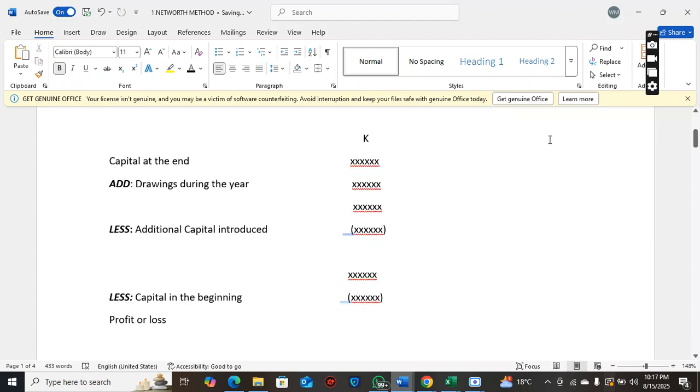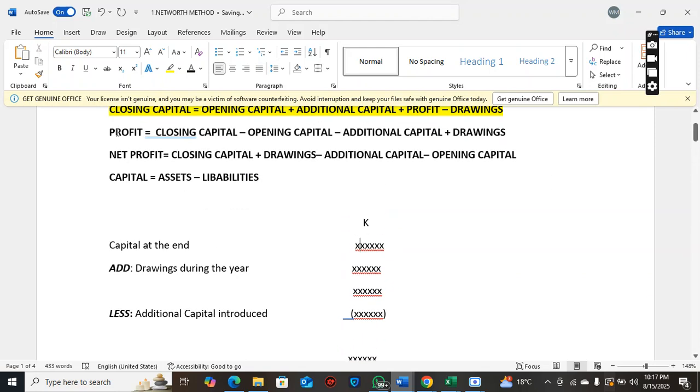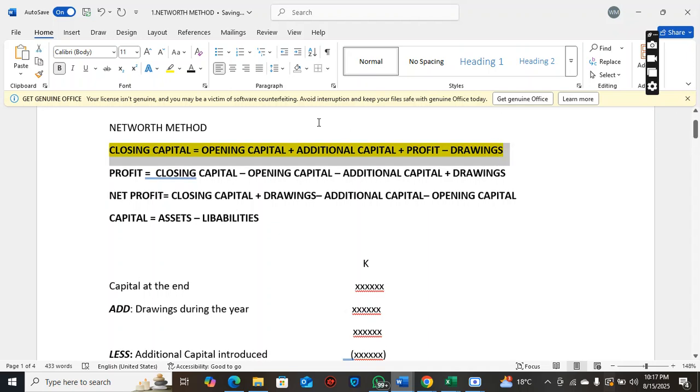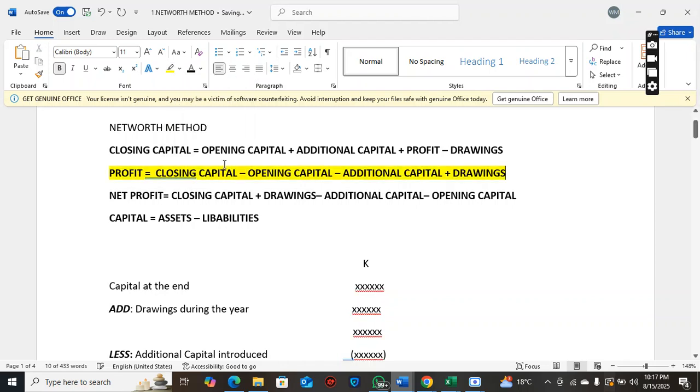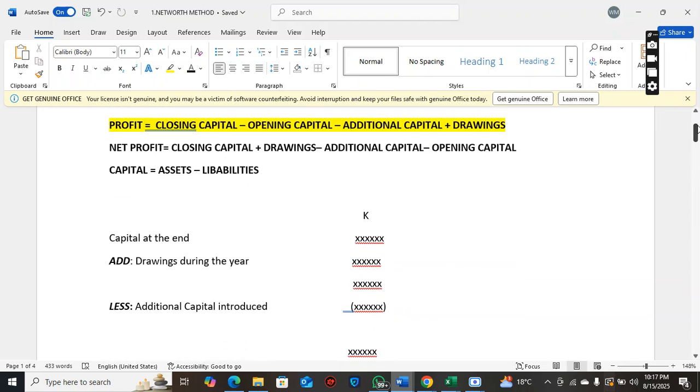So I meant this formula here can be put like this.